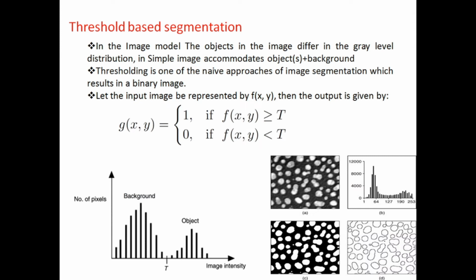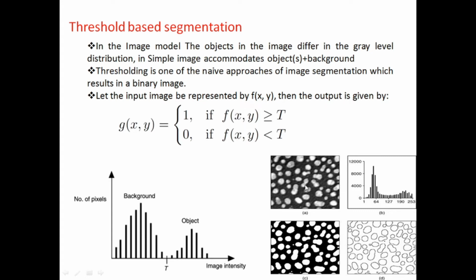segmentation process. This threshold based segmentation process is in the context of a binary image actually. In this image model, the objects in the image differ in the gray level distribution. If I take this as my input image, there is a background and a foreground. In the foreground you can see some objects, but I cannot say that all the objects give the same intensities, right?